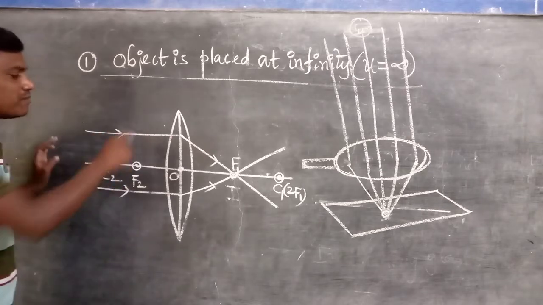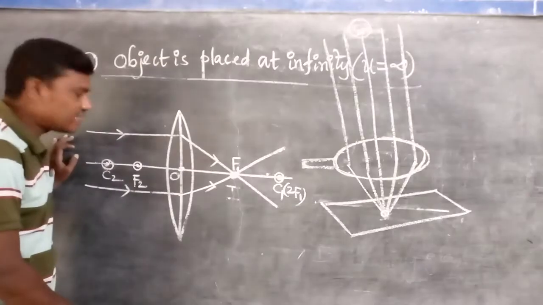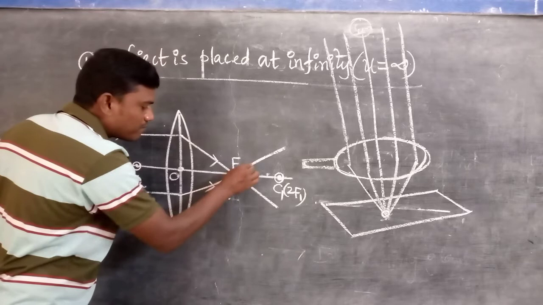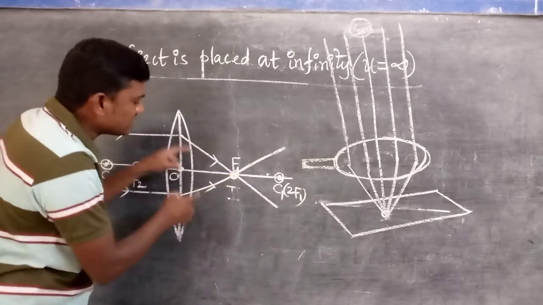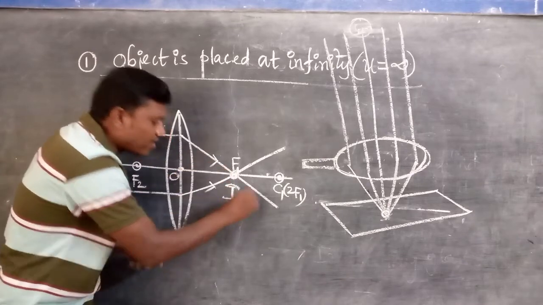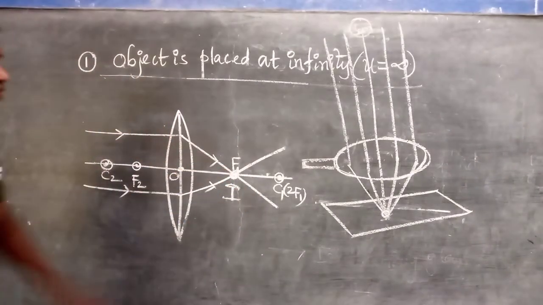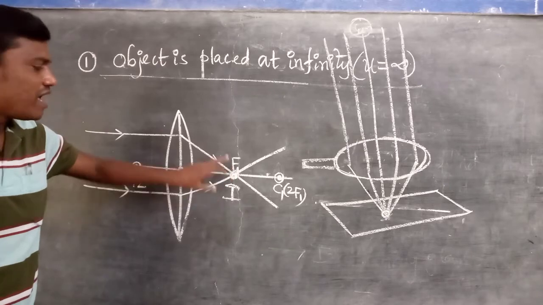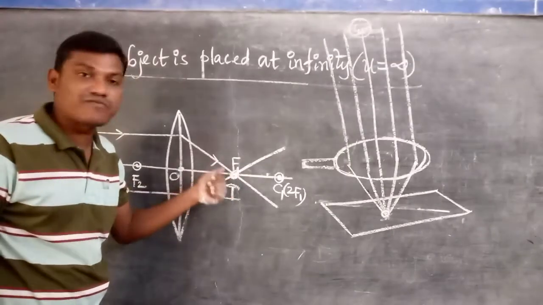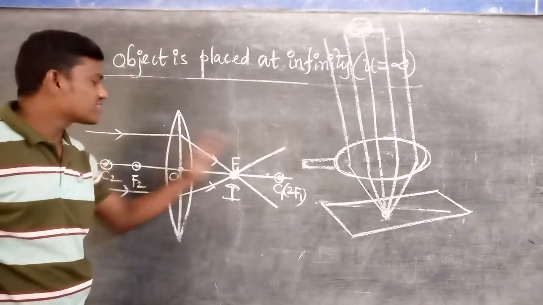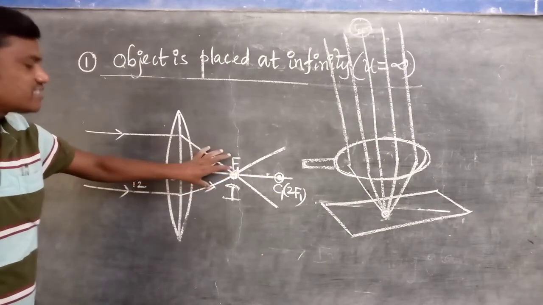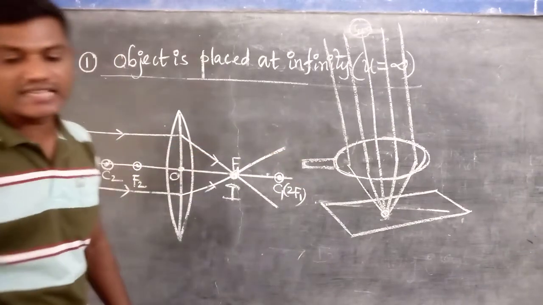After the refraction, they must pass through the focus. That's why after the refraction, these two rays really meet at the focus. Then at that point, what will be formed? An image will be formed. Which type of image? A real, inverted, and highly diminished or point-size image will be formed at the principal focus, on the other side of the object. And this type of lens we are observing in a burning glass.